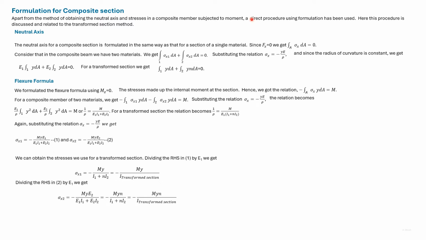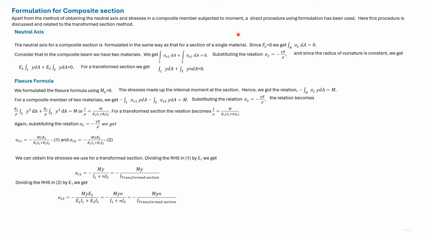Till now, we have found the position of the neutral axis and the variation of stress of a composite member using the transformed section method. There is another procedure using formulation to find the position of the neutral axis and the variation of stress in a composite member.